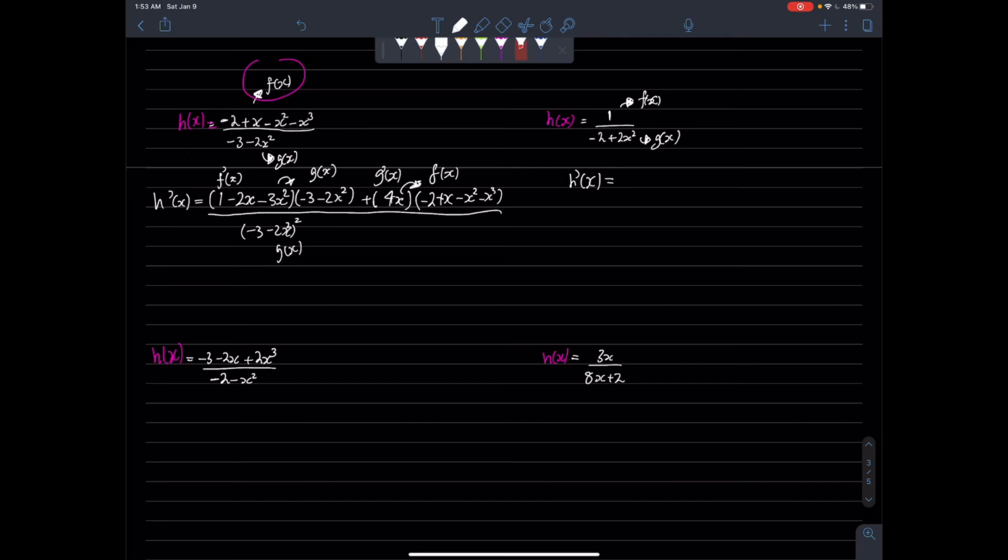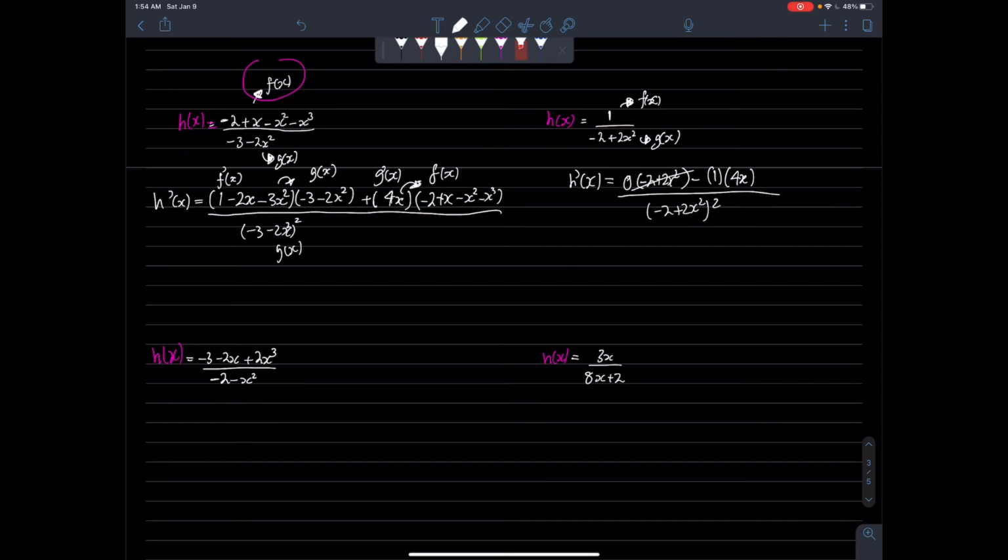So the derivative of that is just 0. 0 times this, still going to be 0, but let's just put it anyways, right? Minus 1, right? f of x times the derivative of g of x. Derivative of negative 2, 0. Derivative of 2x squared, 4x. Over negative 2 plus 2x squared.